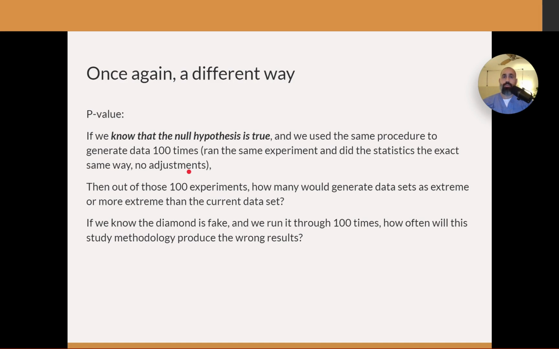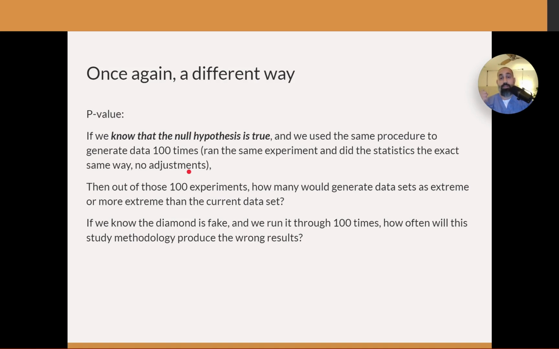Number two, that the sensitivity, which is linked to the false negative rate, and the specificity, which is linked to the false positive rate, are both decided in a context where, in the case of sensitivity, you already know you're dealing with real diamonds or real disease or a patient that actually has the disease or a study that is already positive, right?